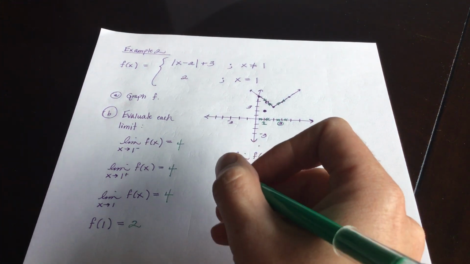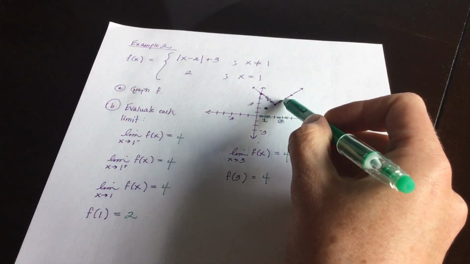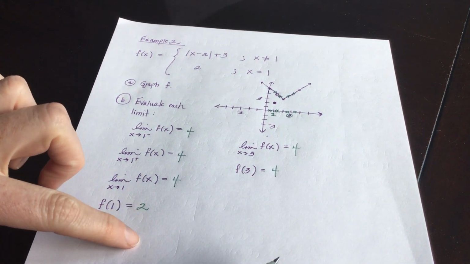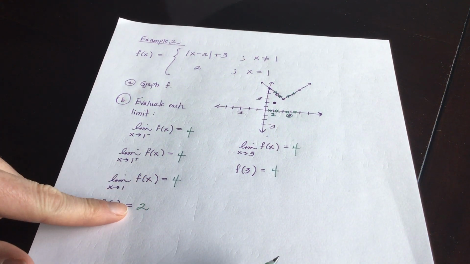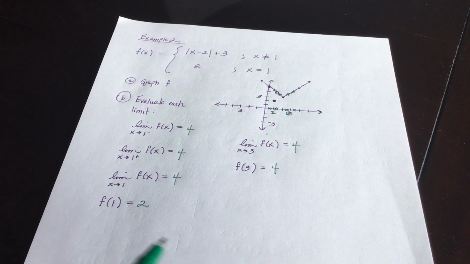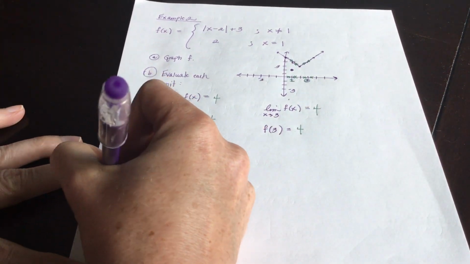So if your function value equals your limit value, then that means that your graph is continuous there. It's that simple. And if your limit value and your function value are two different things, it means you have some type of a discontinuity there. Hopefully that makes sense. All right, example 3.